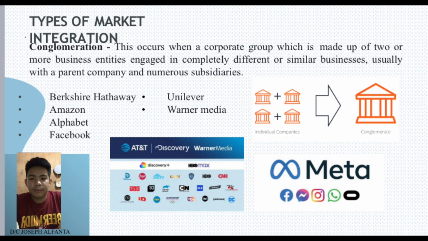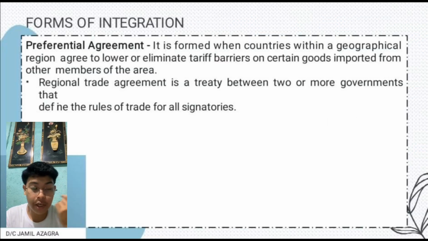Integration: preferential agreement. It is formed when countries within a geographical region agree to lower or eliminate tariff barriers on certain goods imported in the area and among the members of the area. A regional trade agreement is a treaty between two or more governments that defines the rules of trade for all signatories.